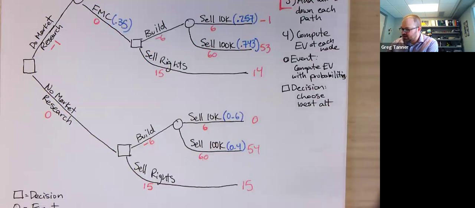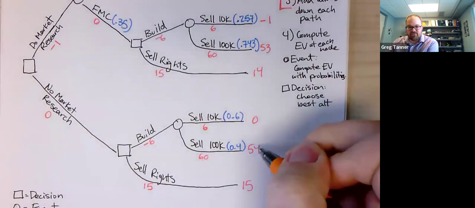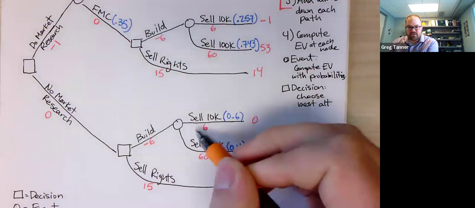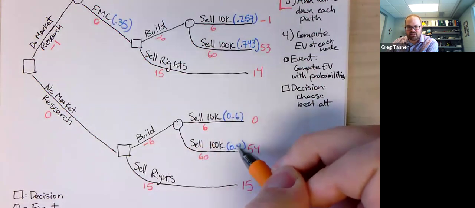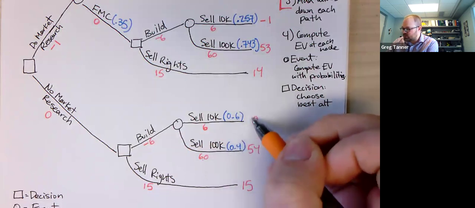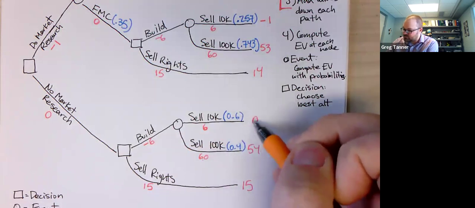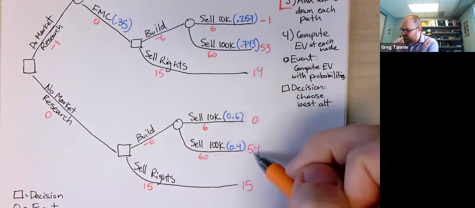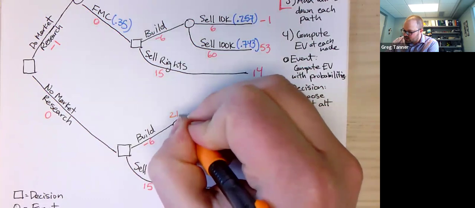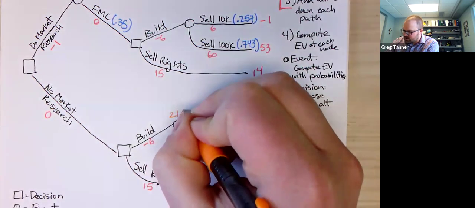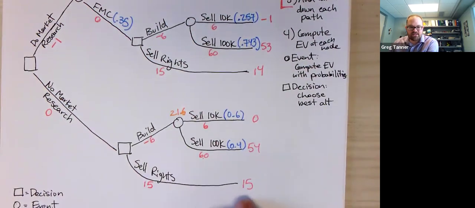Here we've got 0 and 54 as the values coming into this node with probabilities 0.6 and 0.4. So if we take 0 times 0.6 and 54 times 0.4, we get a value at this node of 21.6. Okay, and that's what we computed previously.